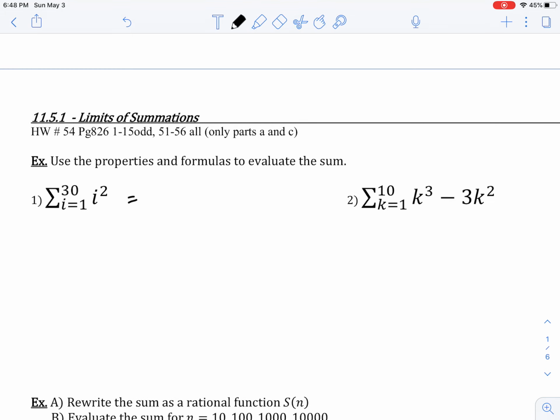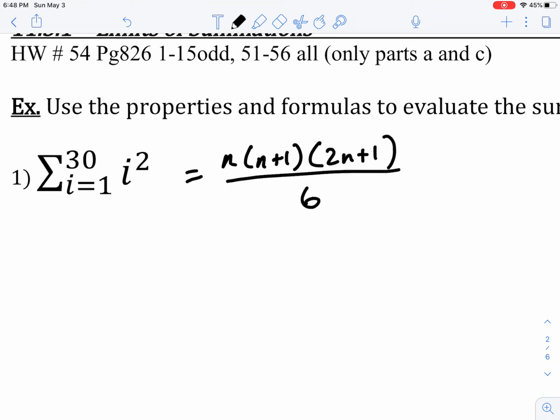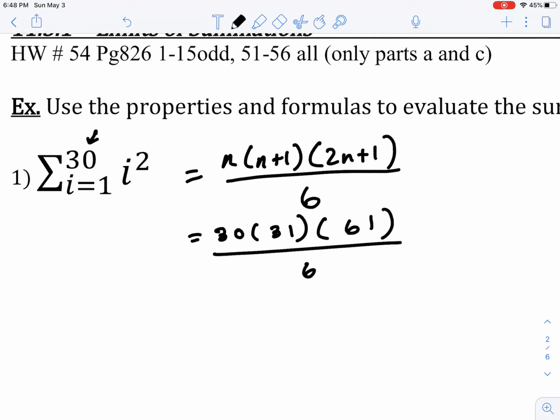We could say that this is equal to n times n plus 1 times 2n plus 1, I'm just rewriting the formula, all over 6. Well, what is n in this case? N is going to be 30, so 30 times 31 times 2 times 30 plus 1, which is just 61, all over 6.